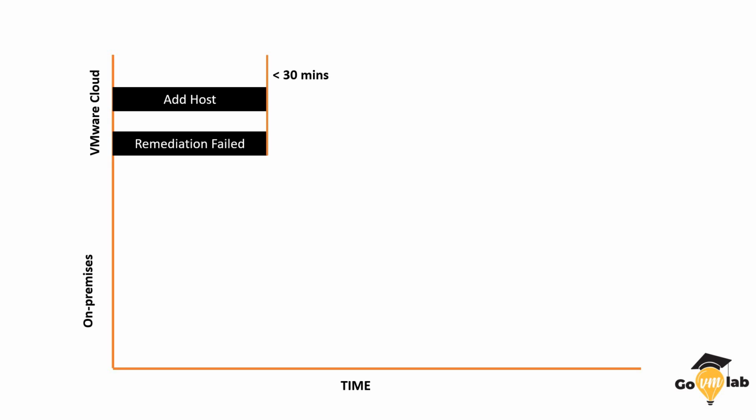So the value the cloud solution brings here is not about adding a new host, it's about that time. Within 30 minutes, we have a new host added to our existing cluster, and our application is right there to make use of the newly added host. That's the power this solution gives us.